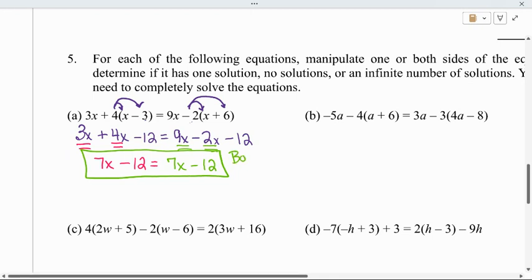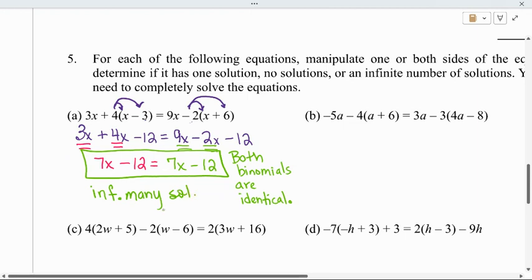Do you guys see that both binomials are identical, which means that this has infinitely many solutions.